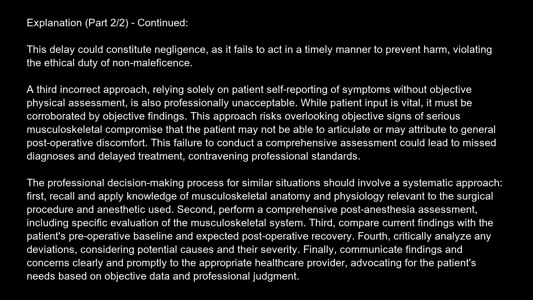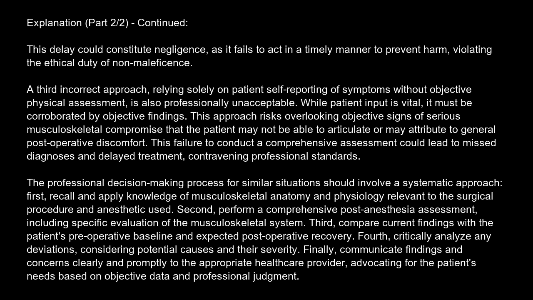The professional decision-making process for similar situations should involve a systematic approach. First, recall and apply knowledge of musculoskeletal anatomy and physiology relevant to the surgical procedure and anesthetic used. Second, perform a comprehensive post-anesthesia assessment, including specific evaluation of the musculoskeletal system.